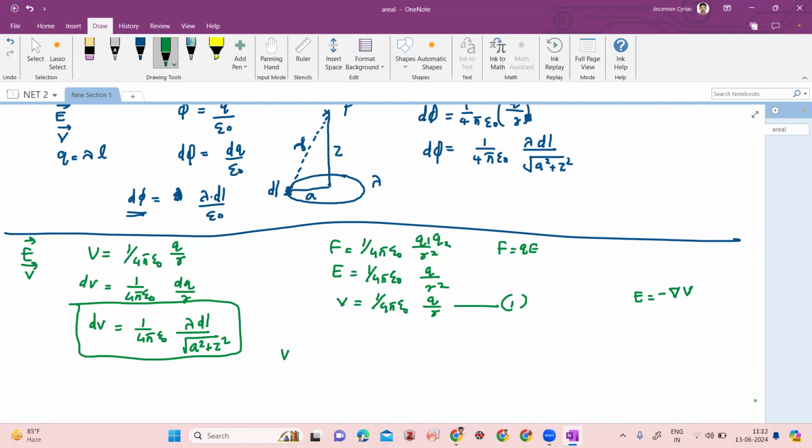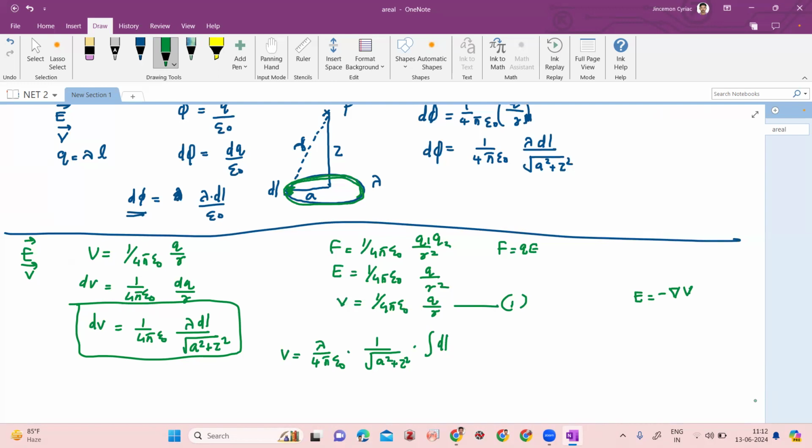Then V is equal to lambda by 4 pi epsilon 0 into 1 by root of a square plus z square into integral dl. dl is this small value, so the total integral of this line, that means the circumference of this circle, is equal to 2 pi r.